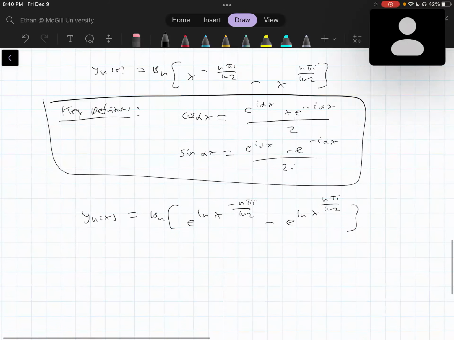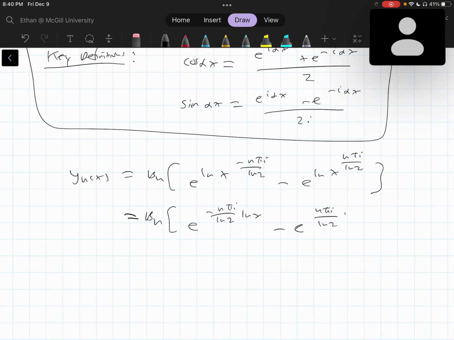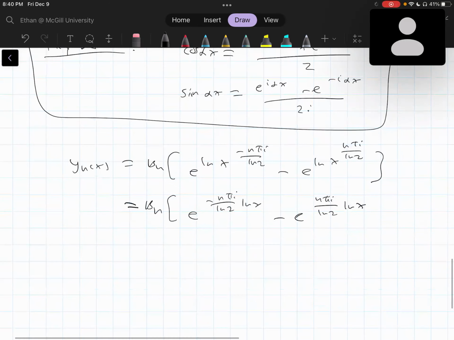And then again, we can take the exponents down using the property of the ln. So this is equal to negative n pi i over ln 2 ln x, minus e to the n pi i over ln 2 ln x.